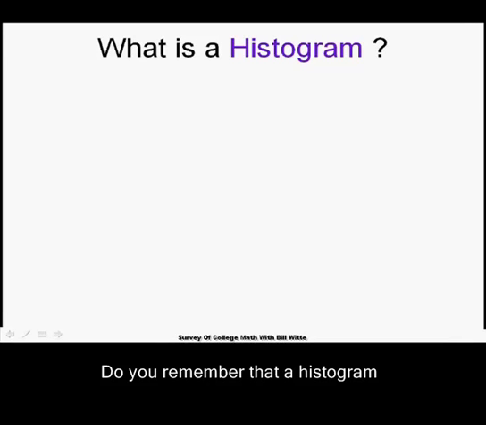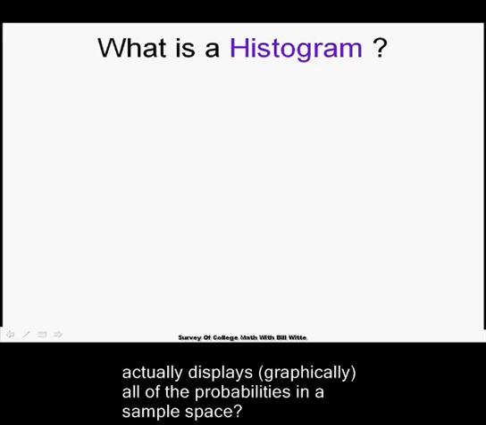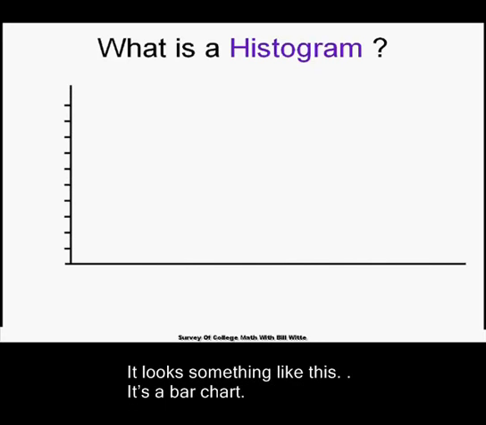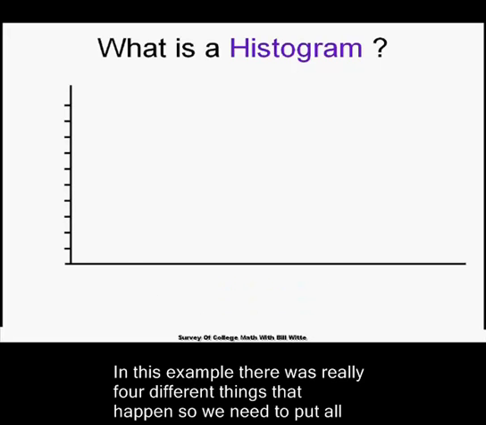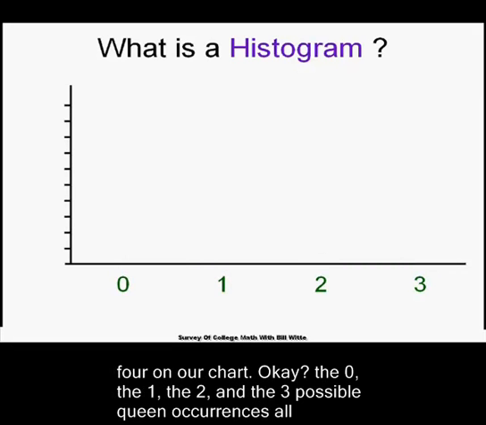Do you remember that a histogram actually displays all of the available probabilities in a sample space? Looks something like this. If those are the 4 possible outcomes that can occur in our first example, 0, 1, 2, or 3, we're going to do a bar chart or a histogram of those numbers.